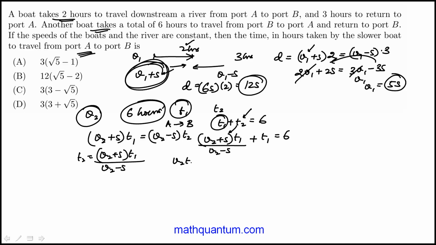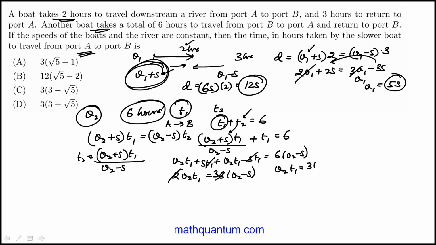I'm kind of doing the algebra, meaning combining these fractions and also cross multiplying at the same time. So this becomes 2 v sub 2 t1, these two drop out, and 6 (v2 minus s). So that becomes 3, so I'll leave this here.